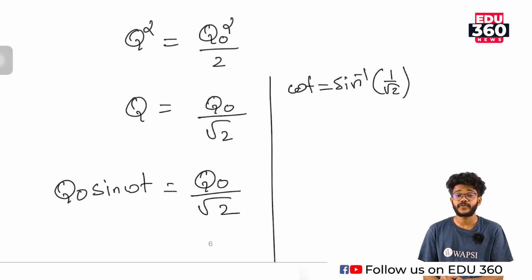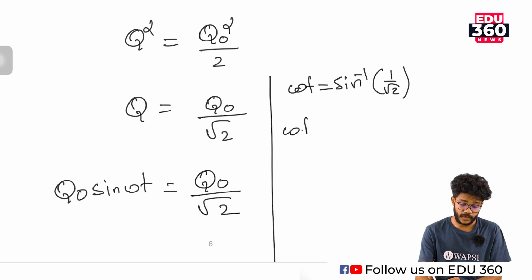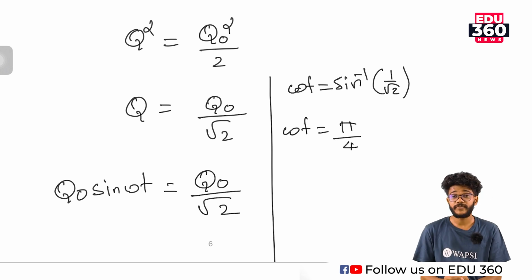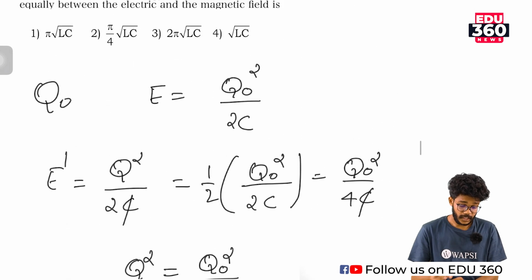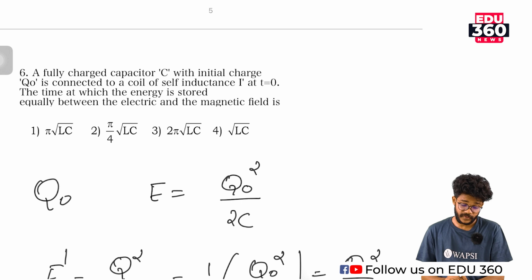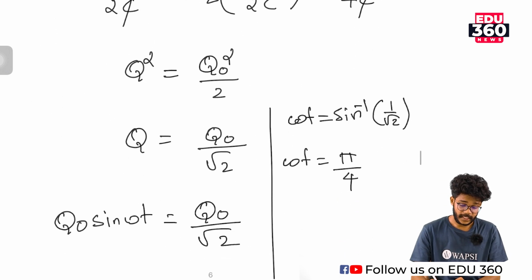It is 45 degrees, which means pi by 4. So omega t is equal to pi by 4. Actually we want to find the time, as the question says, so time is equal to pi by 4 omega.